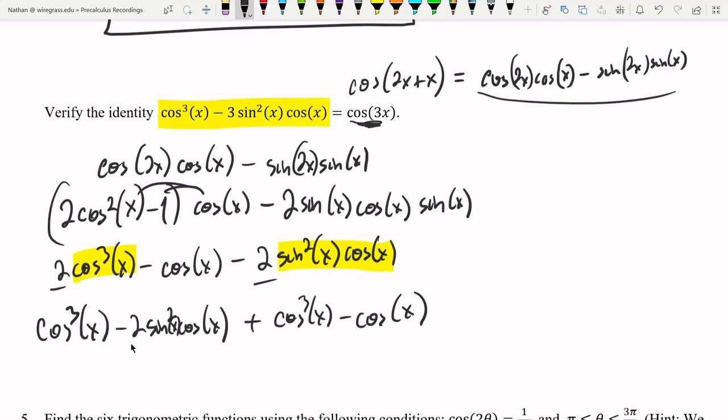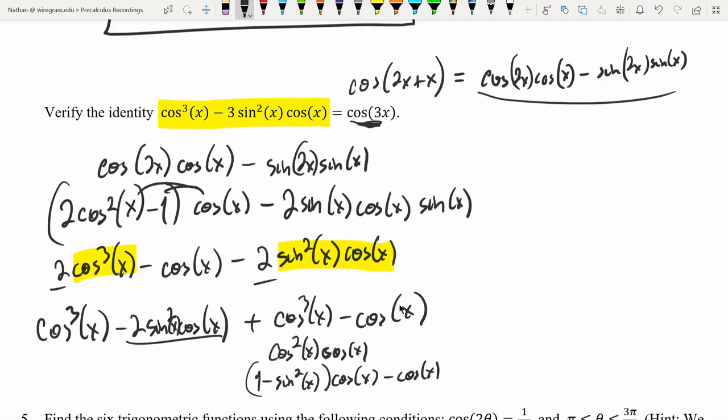Now I need to have one more of this, so what I'm going to do is change one of these cosines. So this is the same thing as cosine squared x cosine x. And I want to have sine squared in there. So I'm going to use the Pythagorean identity to change this to sine, it's going to be 1 minus sine squared x times cosine of x. Then we have minus cosine of x.